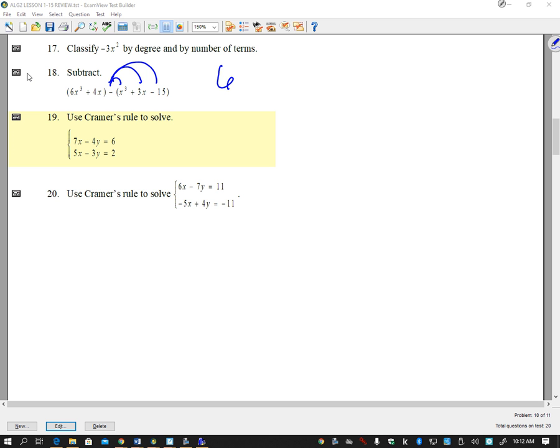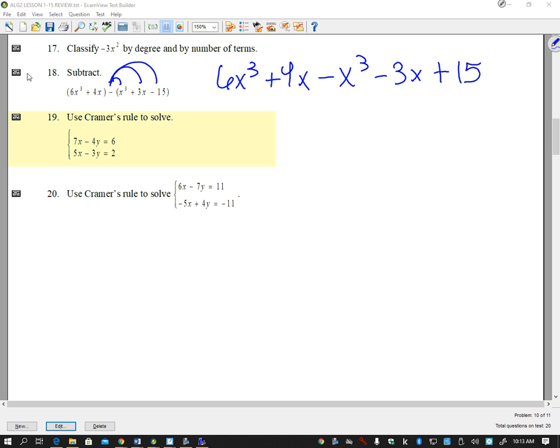So it's really 6x cubed plus 4x minus x cubed, and a lot of people will do that. They'll just drop the parentheses and put minus x cubed plus 3x minus 15 when it's really minus x cubed minus 3x plus 15. And now I can combine like terms.